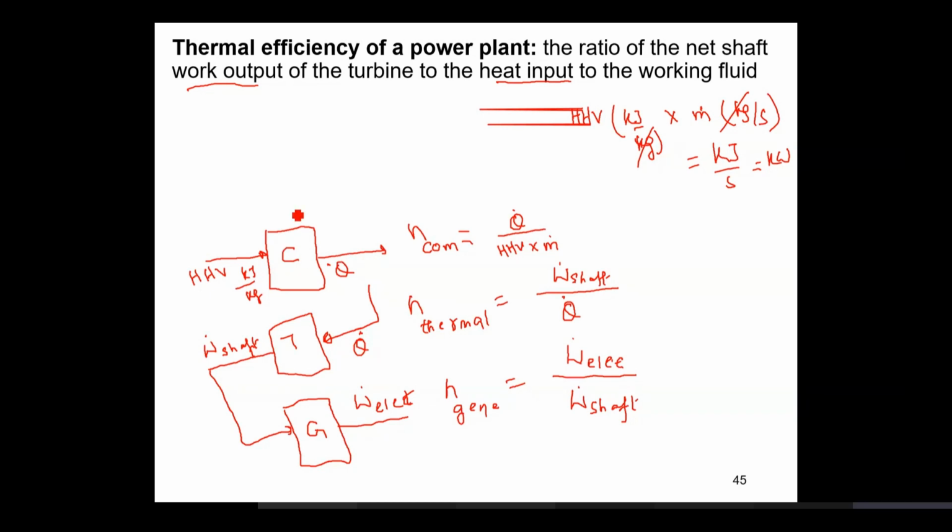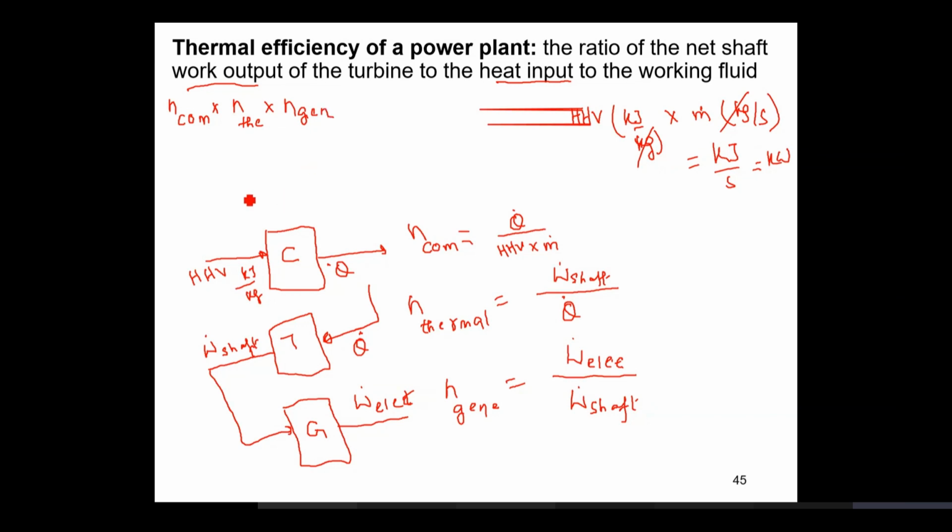Yes, sir. All right. So the overall efficiency of your power plant would be what? It would be the efficiency of combustion multiplied by the efficiency of the turbine, which is the thermal efficiency, multiplied by the efficiency of the generator.